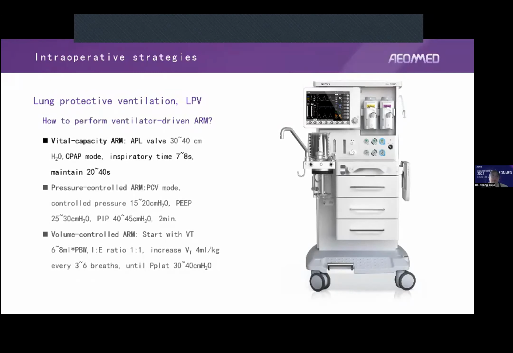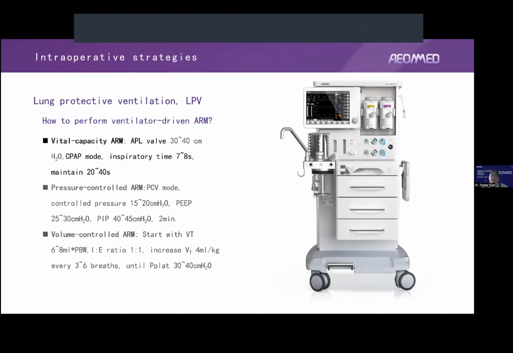For pressure controlled ARM, we choose PCV mode and set the controlled pressure to 15 to 20 centimeters water column. The PEEP was set at 25 to 30, and the maximum inspiratory pressure was set to 40 to 45. Continue the pressure controlled ARM for 2 minutes.